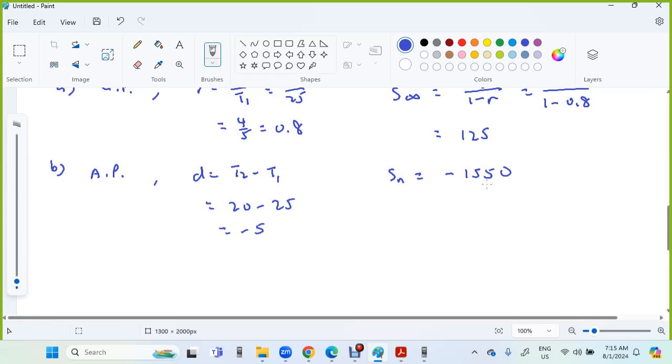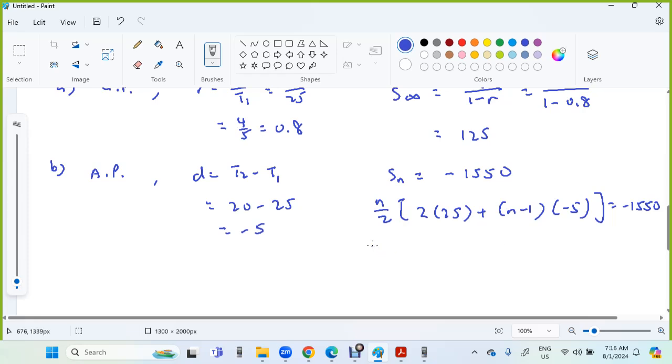So we have n over 2 times 2a plus n minus 1 d equal to negative 1550.